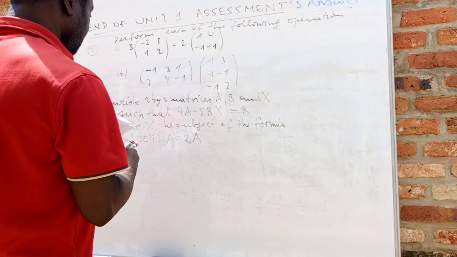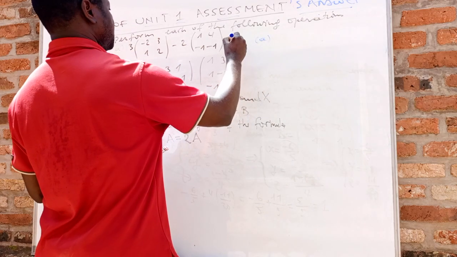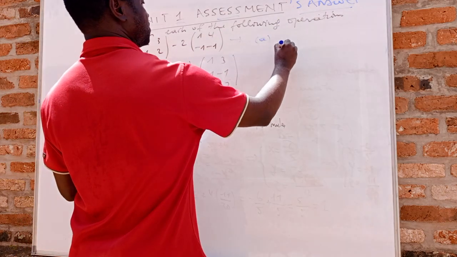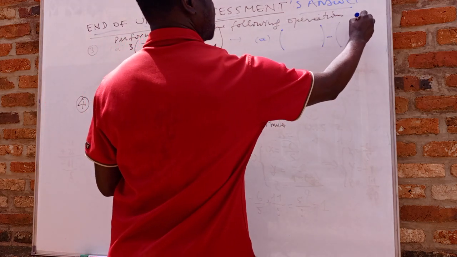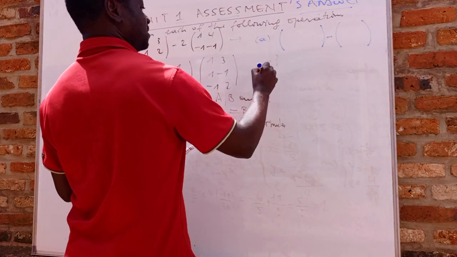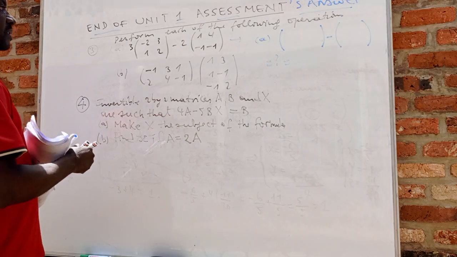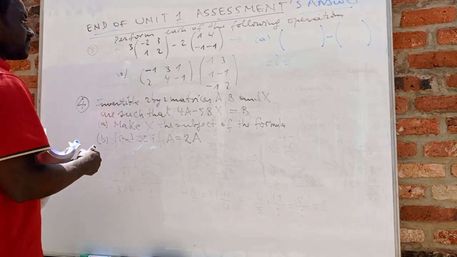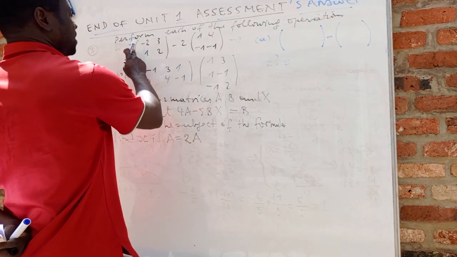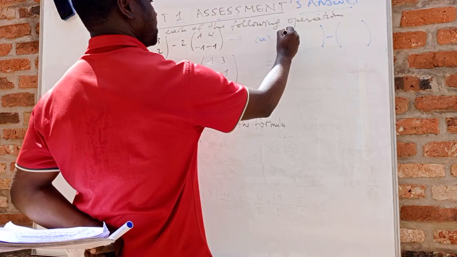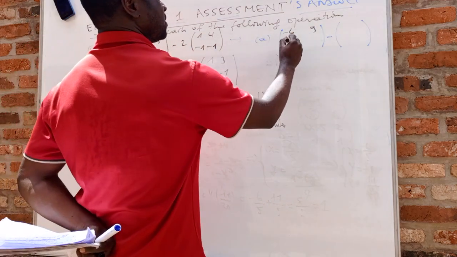So now here we have question number 3, A. We have to make an operation. Okay, it is subtraction of 2 matrices. For the first matrix, this is scalar multiplication, so we multiply each entry. Negative 3 times 3 is negative 9, then 3 times 6.